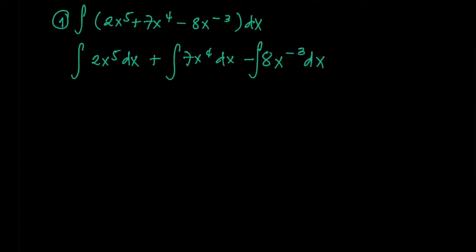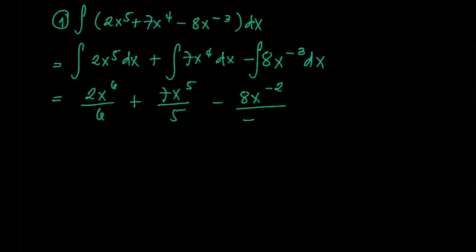After this, we can just simplify it by 2x raised to 5 plus 1 is 6 over this exponent, which is 6, plus 7x raised to the 5th power over 5 minus 8x raised to negative 3 plus 1 is negative 2, all over negative 2, plus the arbitrary constant c.